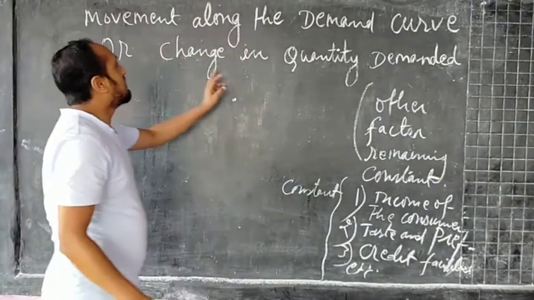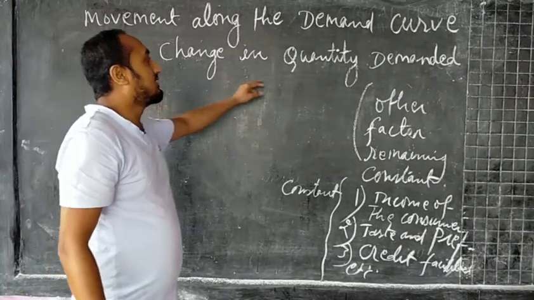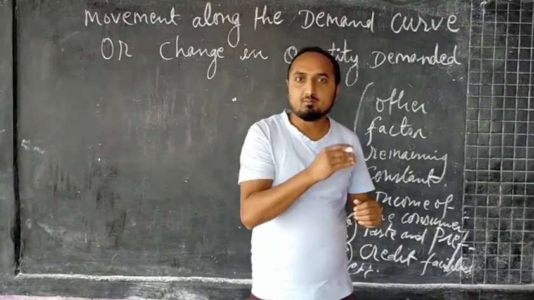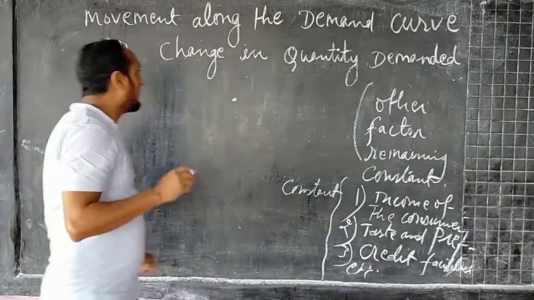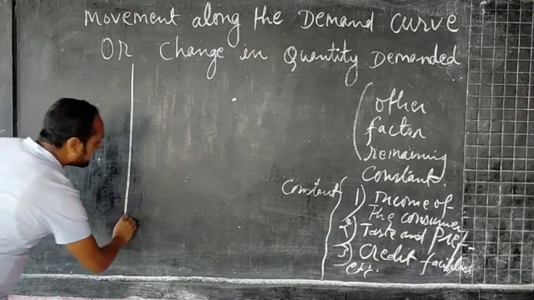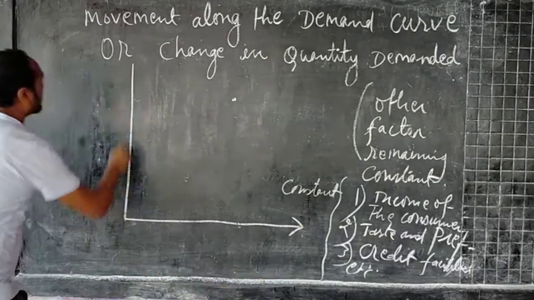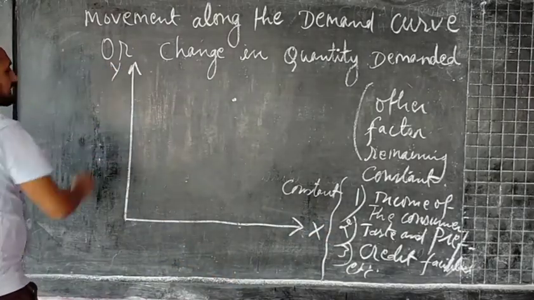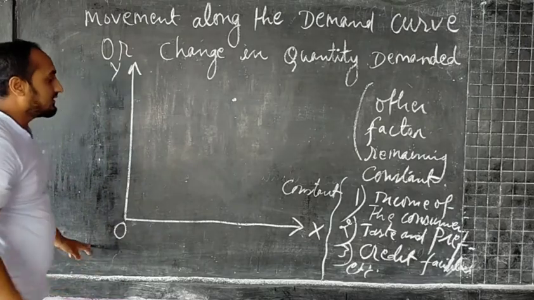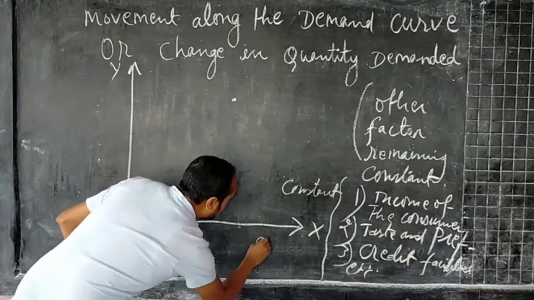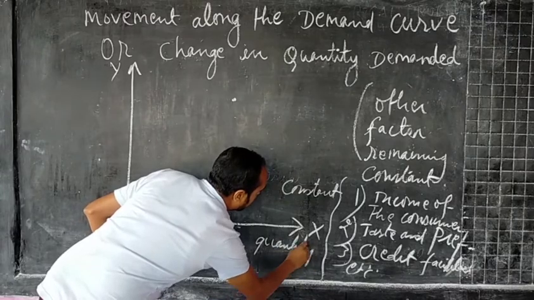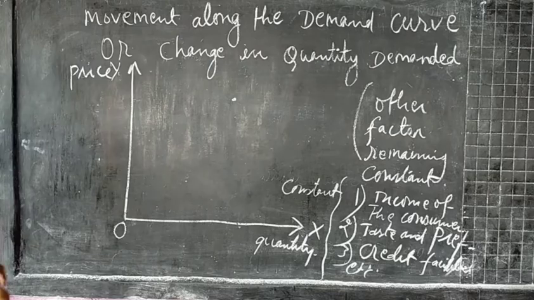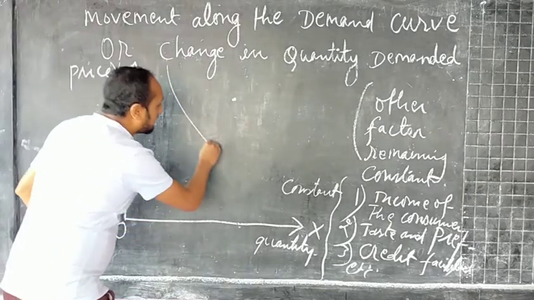Now this movement along the demand curve or change in quantity demanded can also be represented with the help of a diagram, and the derivation of the demand curve we have already done in the previous class. We know that the demand curve is downward sloping.